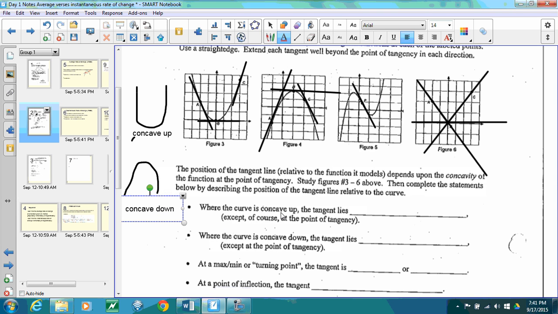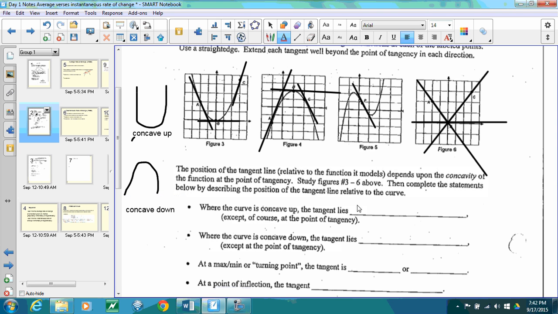If you look where the curve is concave up, does the tangent line lie above or below the curve? If I look at my figures, the only one that is concave up everywhere is figure 3, because it's a parabola shaped up. If I look at points A and C, my line is below the curve everywhere.